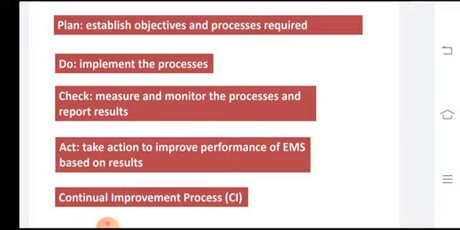The continual improvement process, CI, is the last step of the whole methodology. In this CI, we observe the performance of our adopted processes and methodologies, and then try to revise them with a more efficient method so that we can improve our sustainability.